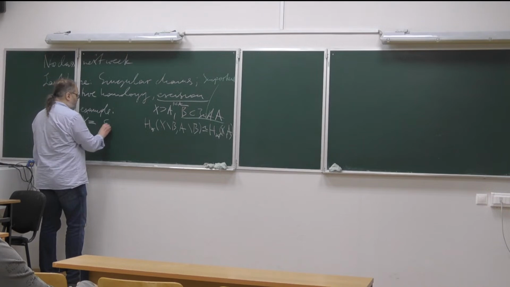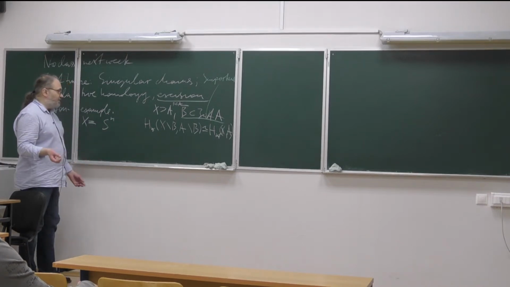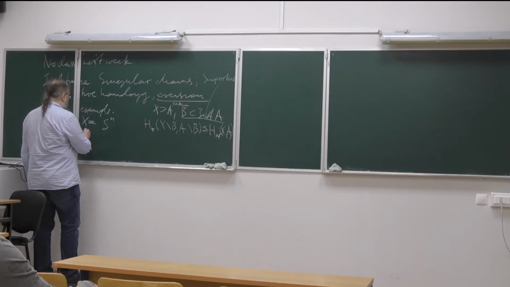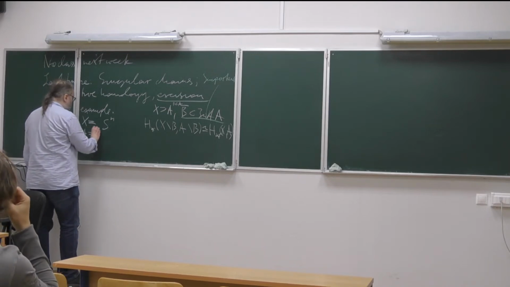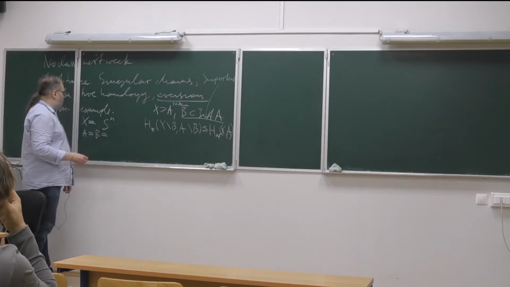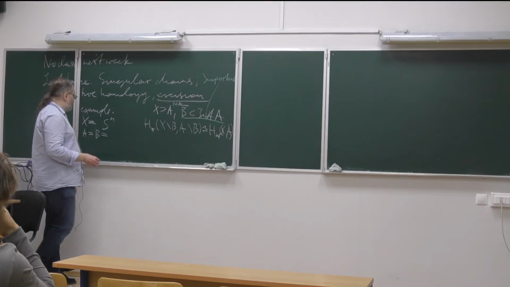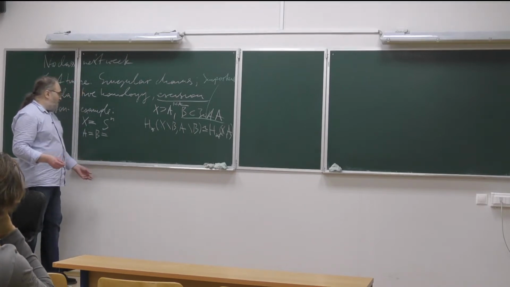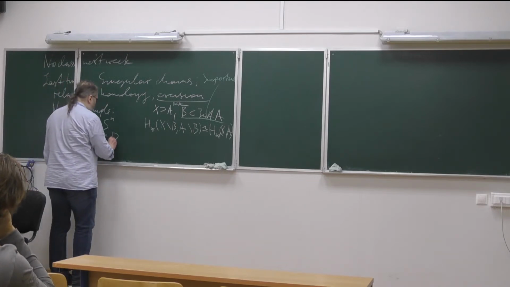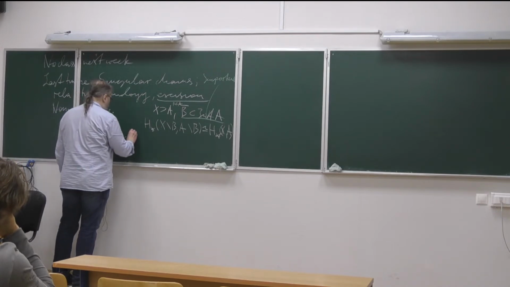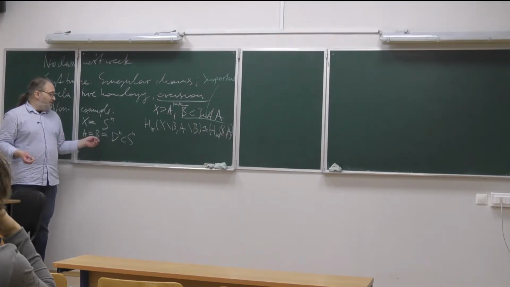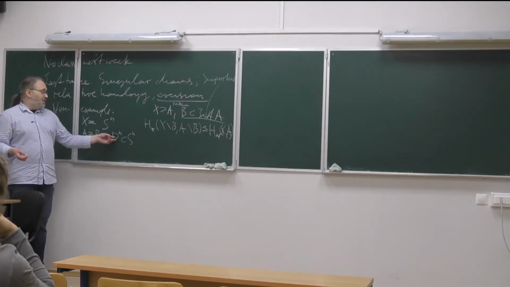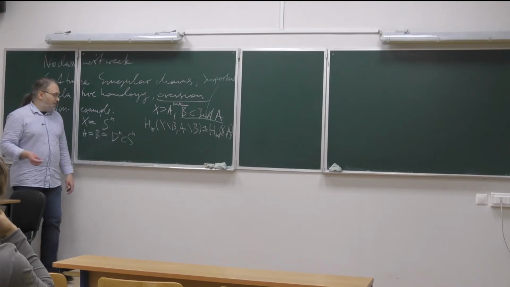Well, let's take, for example, X equal to a sphere, and let's take both A and B to be a hemisphere.